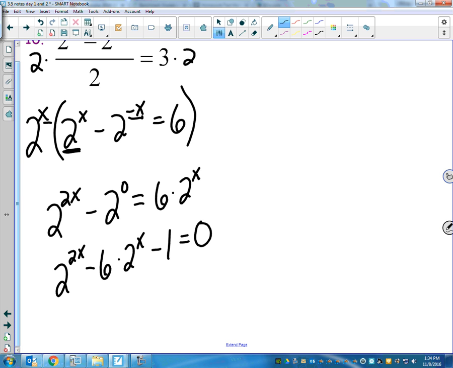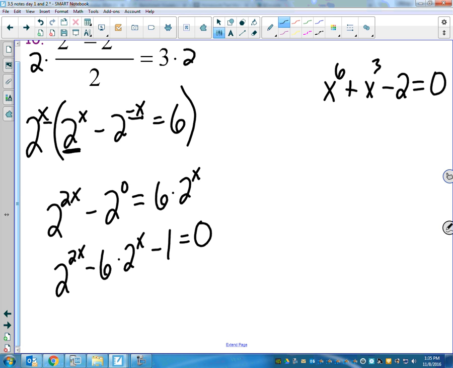So the reason I did this is this now fits quadratic form, or it now fits where we could do u substitution. So this has nothing to do with the problem, but I'm just trying to jog your memory here. Maybe in Algebra 2, you remember doing something like x to the 6th plus x to the 3rd minus 2 equals 0.